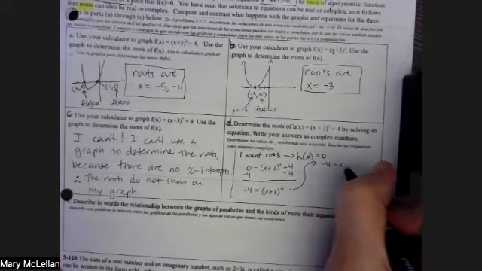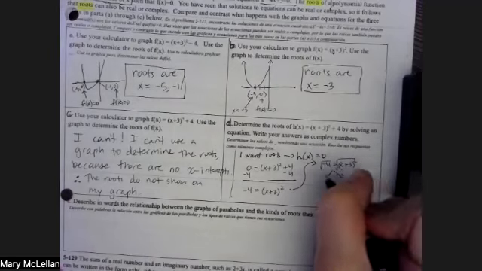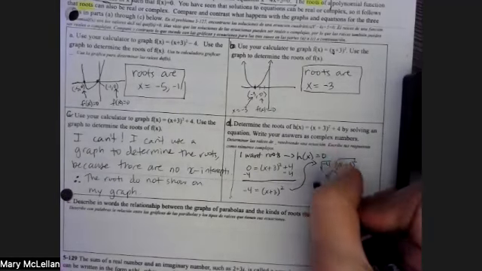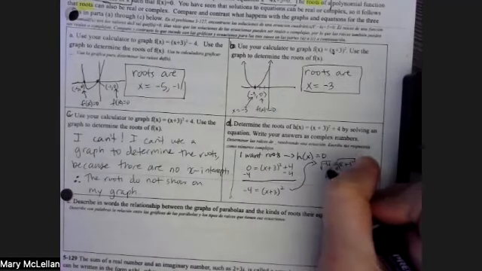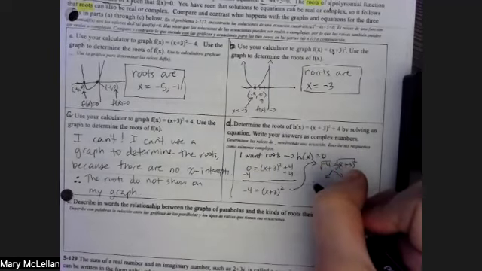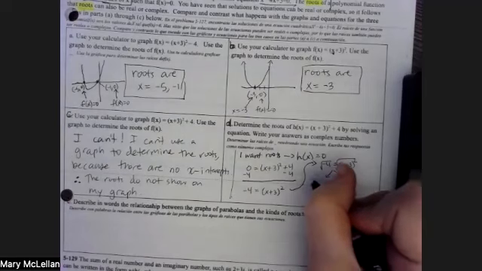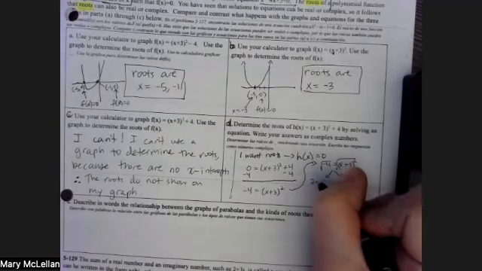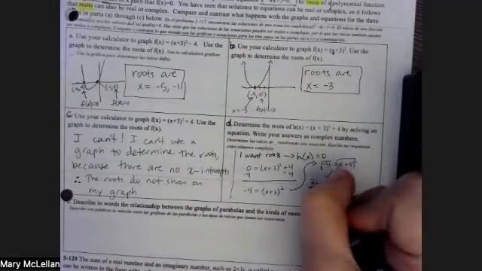-4 equals x plus 3 squared. I take the square root of both sides. That gets me the square root of -4, which is the same as 2i. I'll show you why on the side.